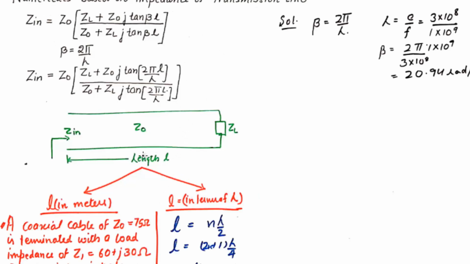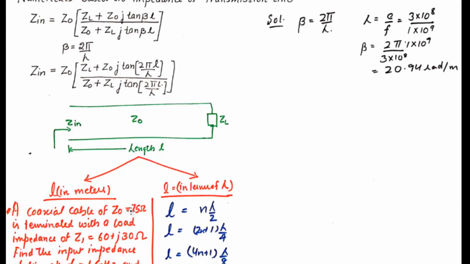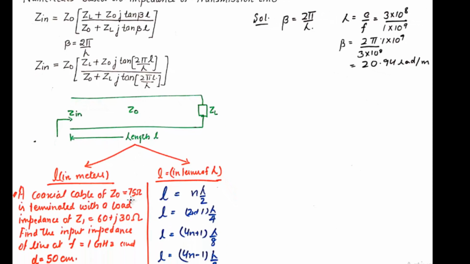So a typical question would look something like this: a coaxial cable, of course it's a lossless coaxial cable, with Z0, the characteristic impedance, as 75 ohm, terminated with a load of 60 plus j30. We need to calculate the input impedance at 50 centimeters from the load, and the operating frequency is 1 gigahertz.